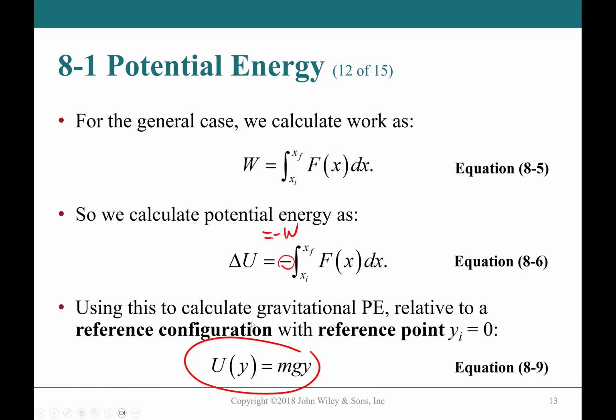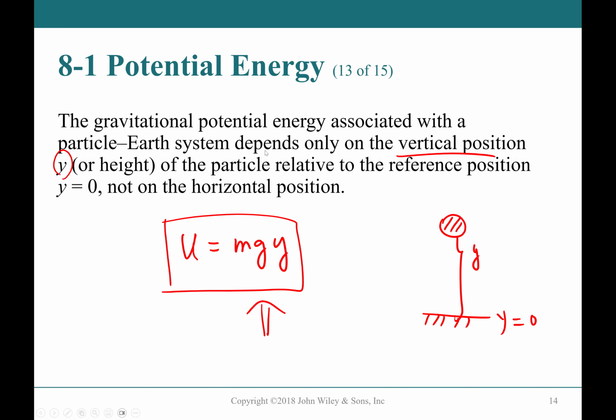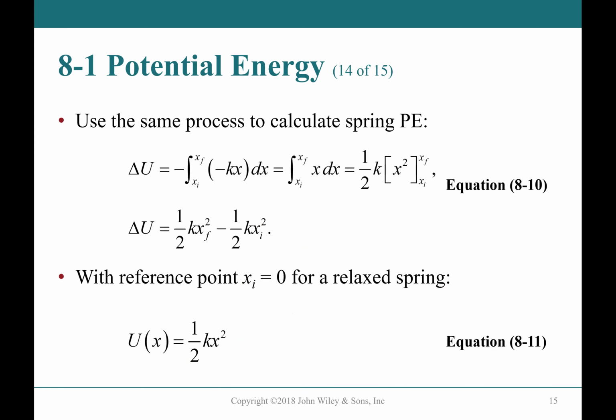Using this to calculate the potential energy relative to a reference configuration, where we choose our reference point equal to 0, then our potential energy is mgy. So this is more important, okay? U equals mgy, but it's coming from the work done by the gravitational force. Okay, so we know that already.